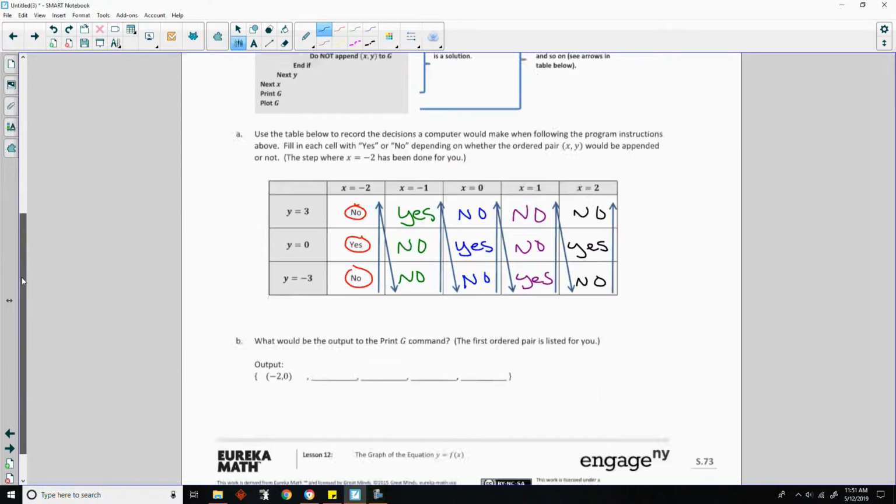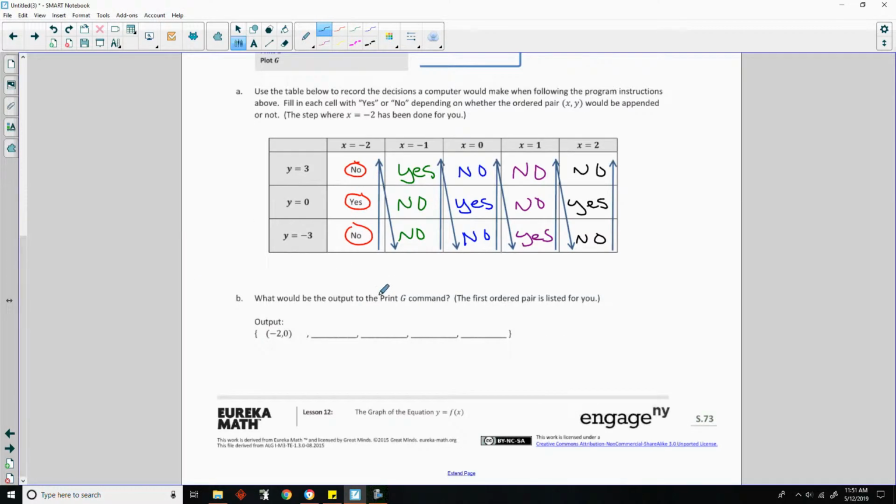Okay, part B. What would be the output to the print G command? The first ordered pair is listed for you. So what they did was they took the yes. X was -2, y was 0, -2, comma 0. Okay, so where's my yes here? It's x is -1 and y is 3. Where's my yes here?